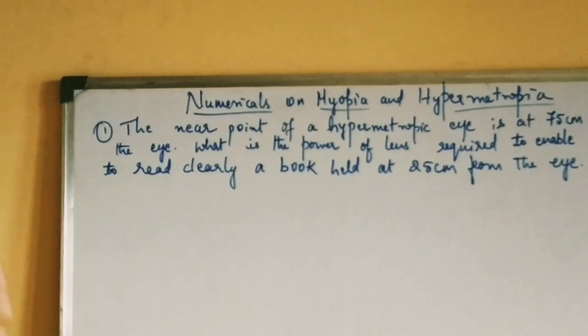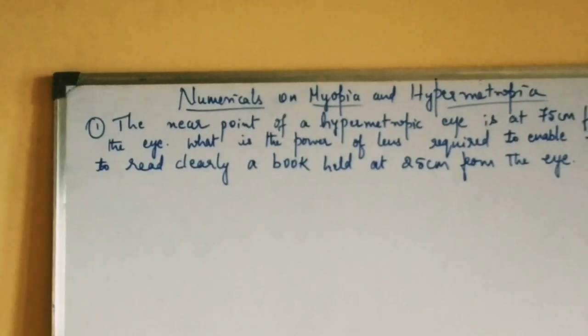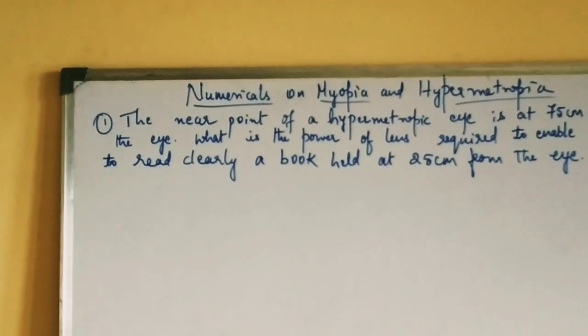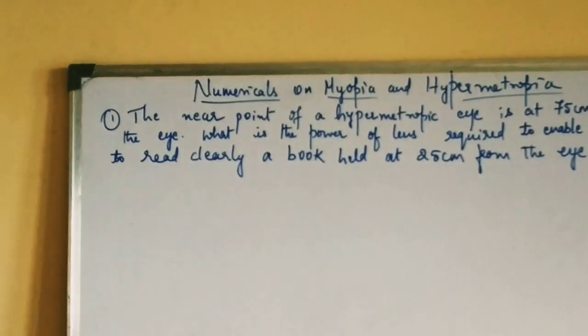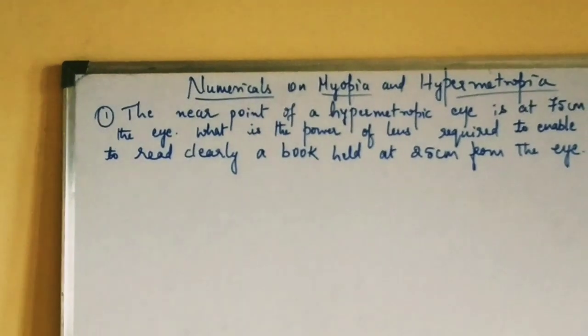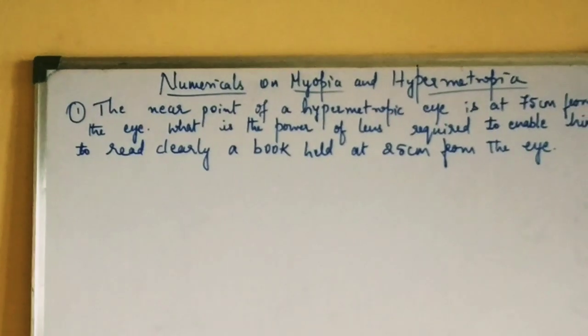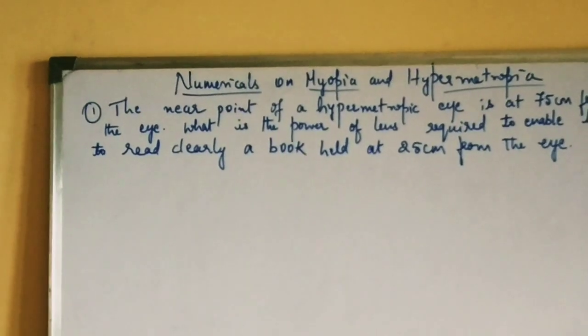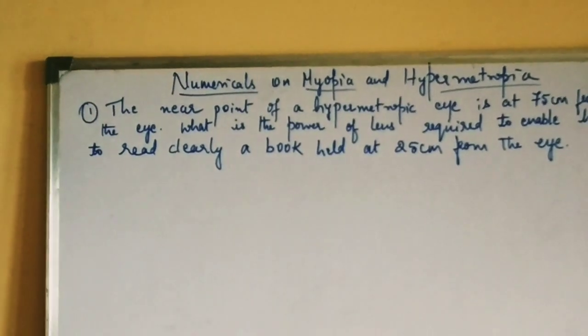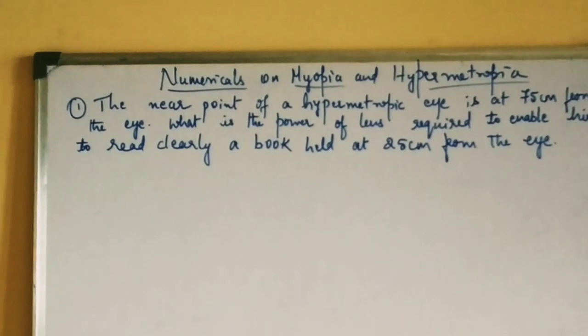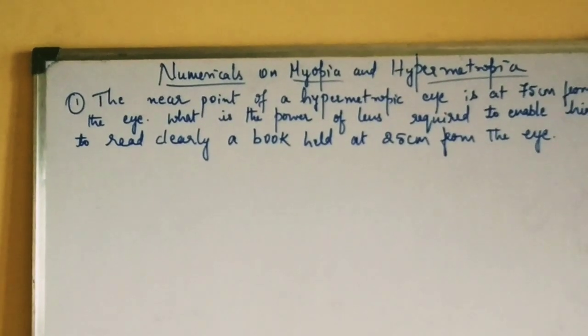That is x dash of the defected eye. Then small d means the least distance of distinct vision. So x dash into d divided by x dash minus d gives the focal length of the hypermetropic eye. Always remember, for the myopic eye, the focal length will always be negative, because f is equal to minus x.